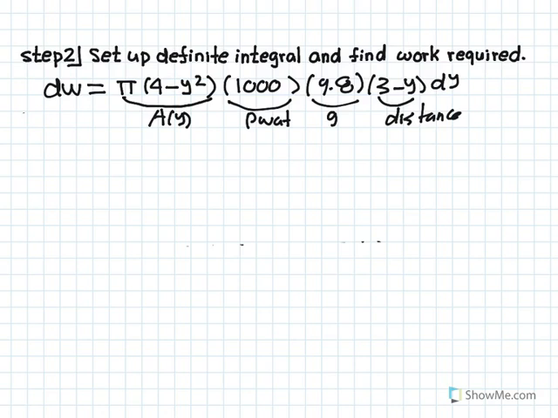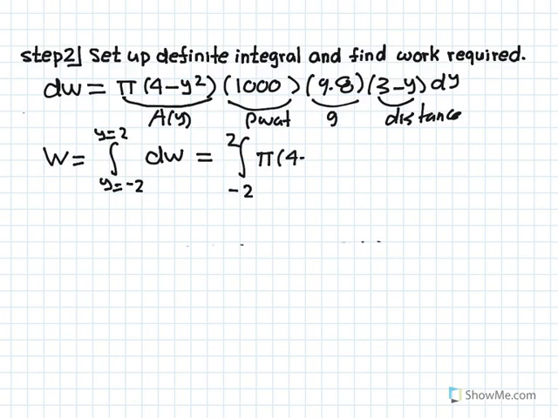All right, so the work done is going to be the integral from y equals minus 2 to y equals 2 of dW. This is equal to the integral from minus 2 to 2 of pi times (4 minus y squared) times 1,000 times 9.8 times (3 minus y) dy.